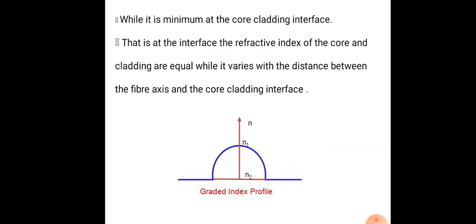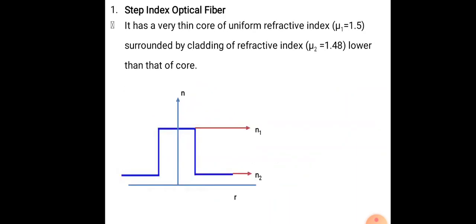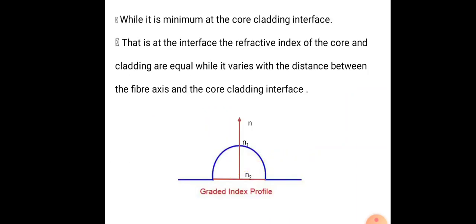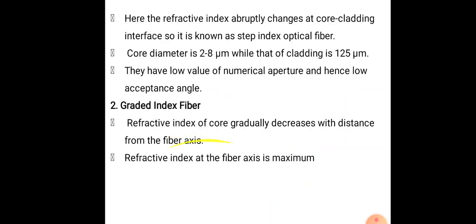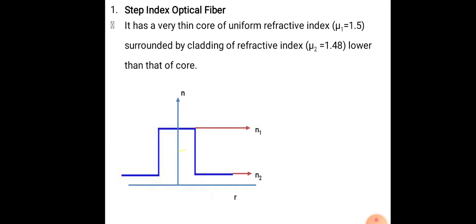That is, at the interface the refractive indices of the core and cladding are equal, while it varies with the distance between the fiber axis and the core cladding interface. So this is about the graded index optical fiber.